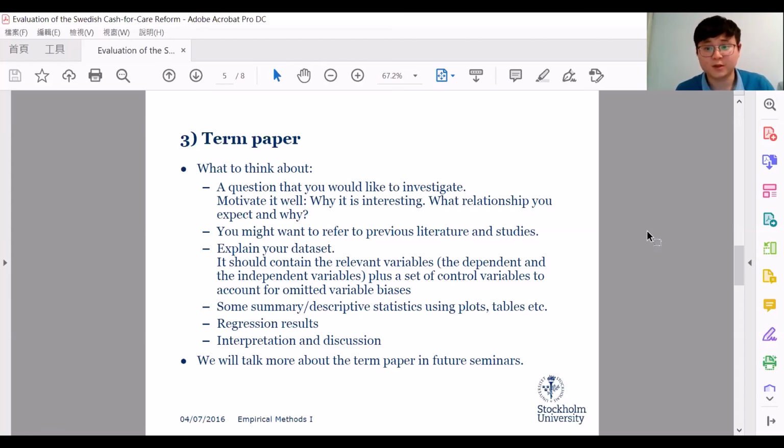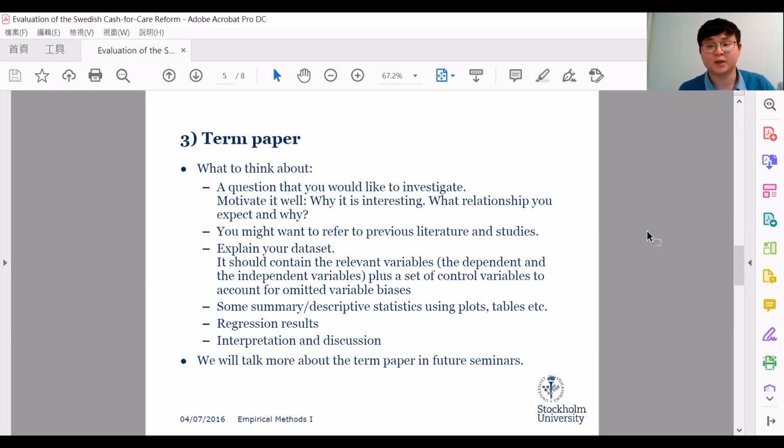I will talk about this afterwards, no worries. And then fourth is that you provide some summary and descriptive statistics using plots, tables, and histograms. And also, of course, the regression results.